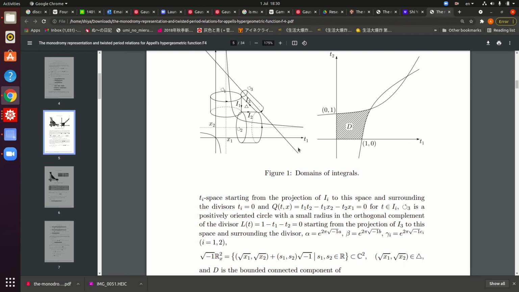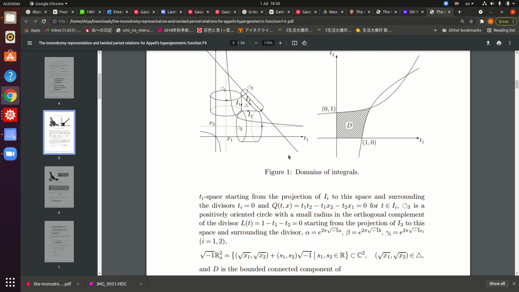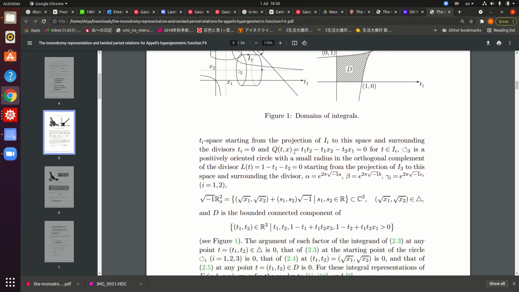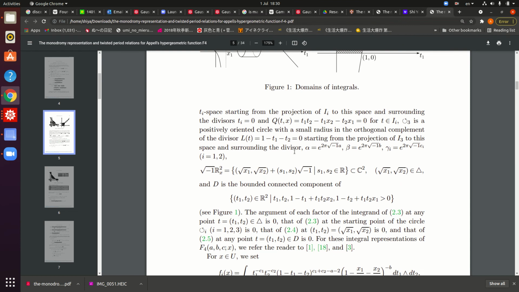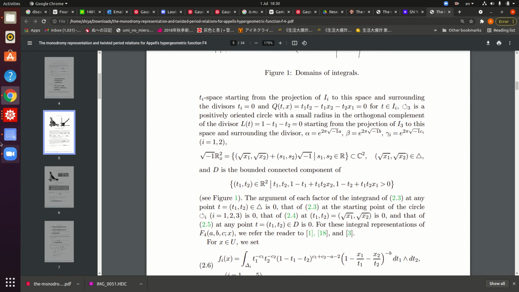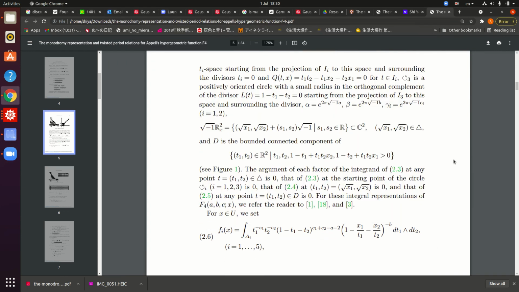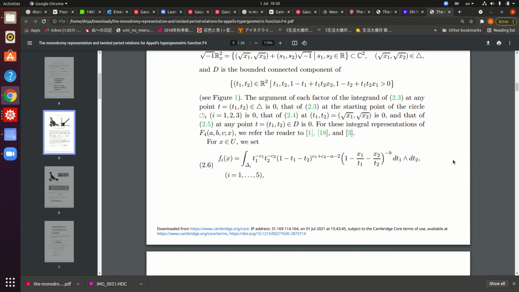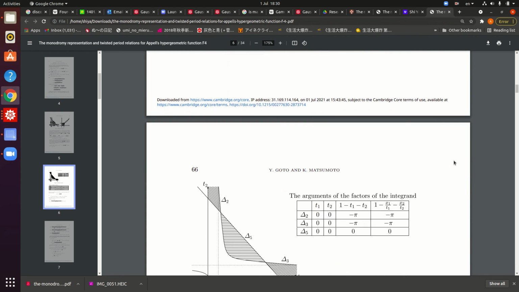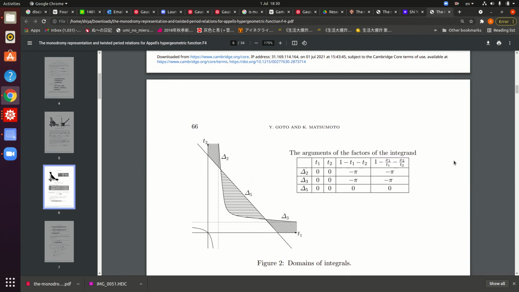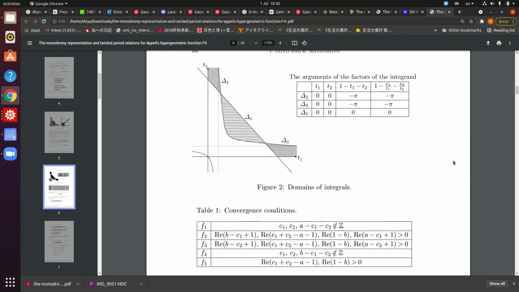Maybe they explain it, but I don't know. It's definitely not trivial to see. If you have different integral representations of this function, it's extremely hard to relate them to each other. You need to work hard for that. But once you have an integral representation with different contours, for example, then it's simple geometry to relate.